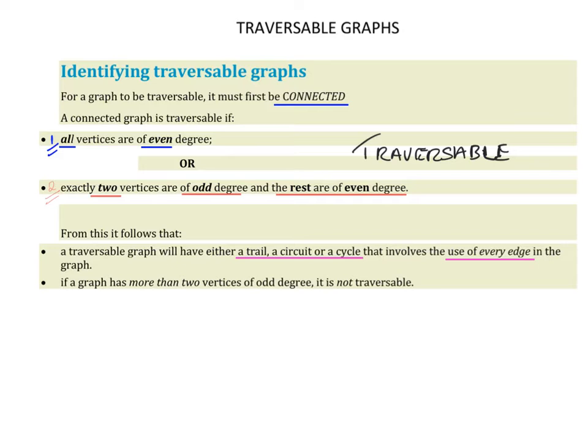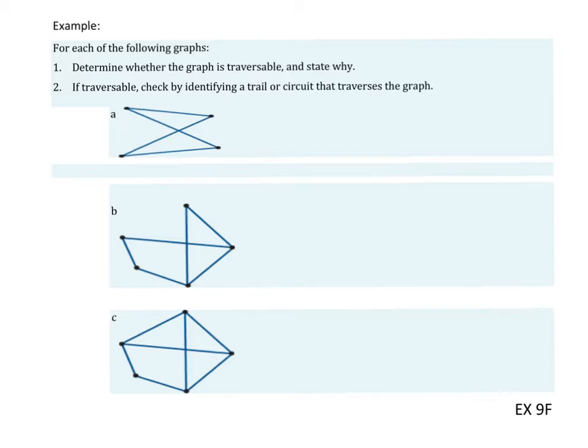So let's have a look at an example on the next page. The question asks in 1 to determine whether the graph is traversable and state why, and then if it is traversable to find the trail or circuit that goes through it. So let's have a look at A to start off with and work out the degree on each of our vertices there. So remember, degree is the number of edges that goes into the vertices.